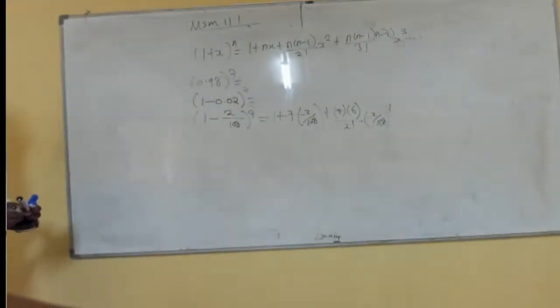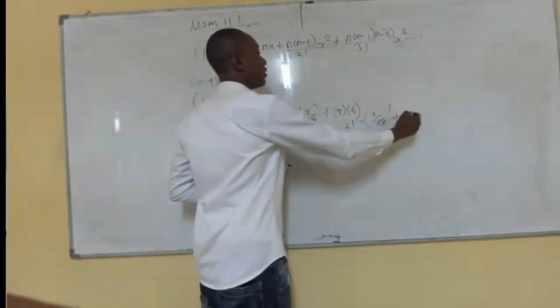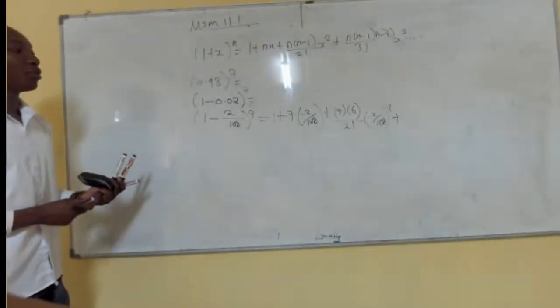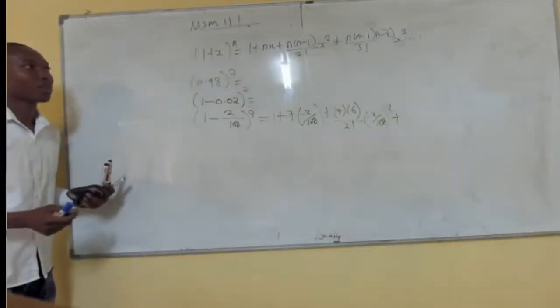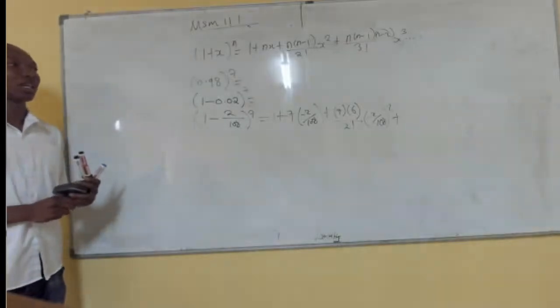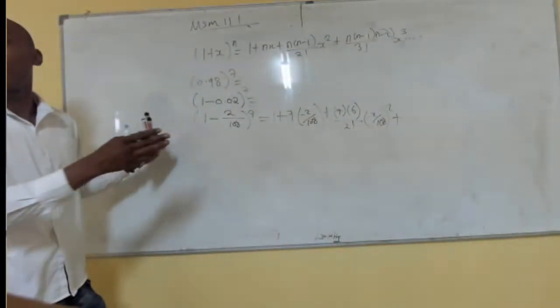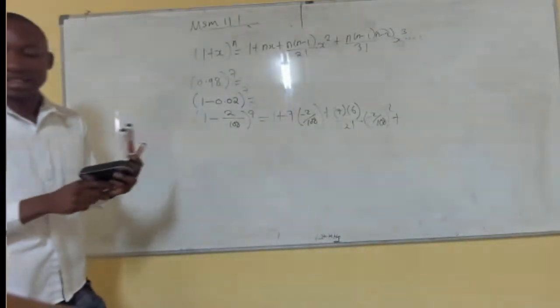Lastly, because it's 5 significant figures, I'll end up with x to the power 3, because if you raise 0.02 to the power 4 or 3, that's already 6 significant figures. So I'll end at the power 3. That's how far we are going to go with that expansion.